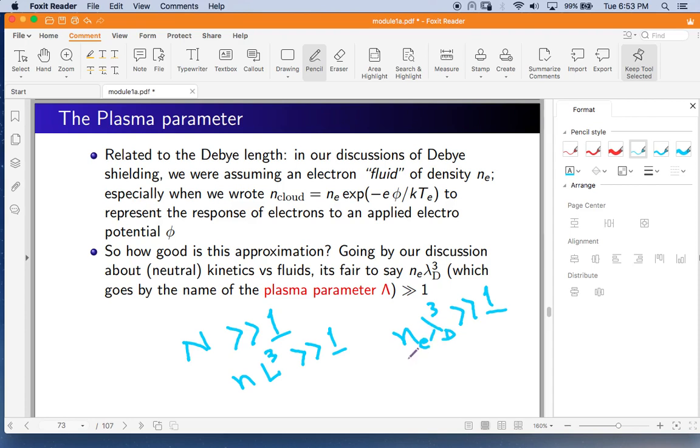This is called the plasma parameter, lambda. If lambda is much, much larger than 1, you're justified in treating the electrons as a fluid. You're also justified in calling this a plasma, and we will discuss why that is.